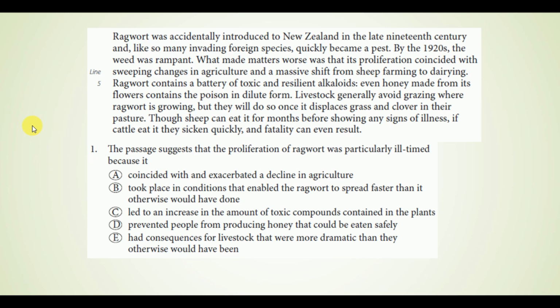So for example, you could get a passage like this, which is a small to mid-sized passage, and it would be followed by a question. So this particular question is an MCQ type question where you have the prompt followed by 5 options.